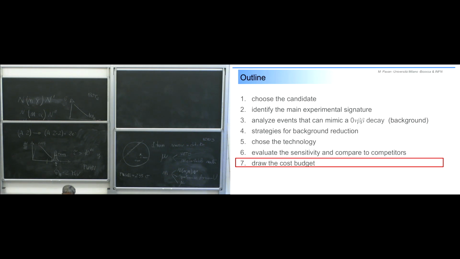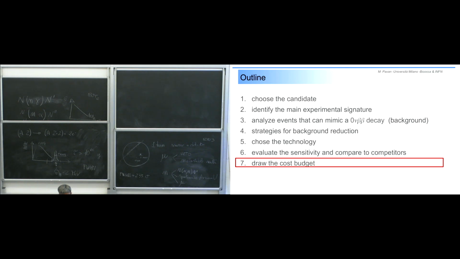But this is the answer to the question that was asked, I don't remember by whom: why don't we explore the full range of the Majorana mass? There are two answers. On one side, because it's difficult. It's already technically difficult to build a 1-ton experiment.